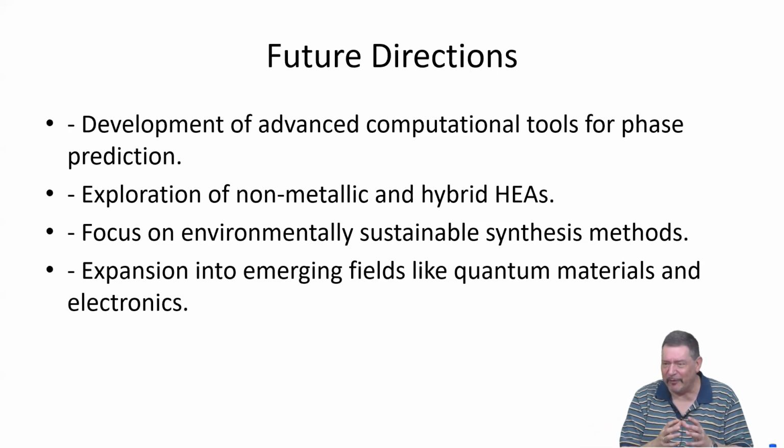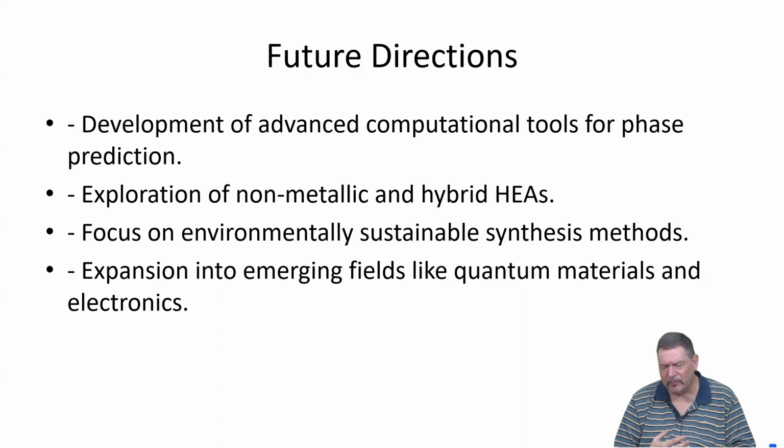If you don't have enough atoms in your cell to do the DFT, then the phase will never be predicted. So there are all kinds of loose ends which are fixed more and more the further we advance, but still we are not yet there that everything can be done with the push of a button. And so this is what I mean with development of advanced computational tools for phase prediction.